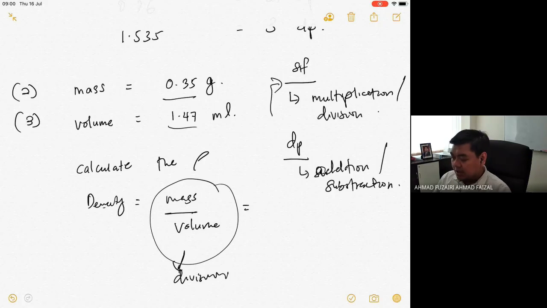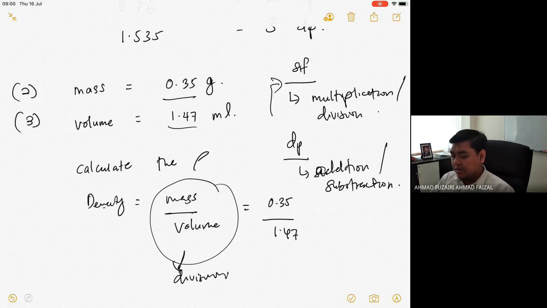So in order for us to understand the concept of significant figures for this kind of questions, kita akan ambil significant figures yang paling kecil. So kita akan ambil 0.35 divide with 1.47. I know this is not the correct SI unit, sebab satu di dalam gram, satu di dalam mililiter.